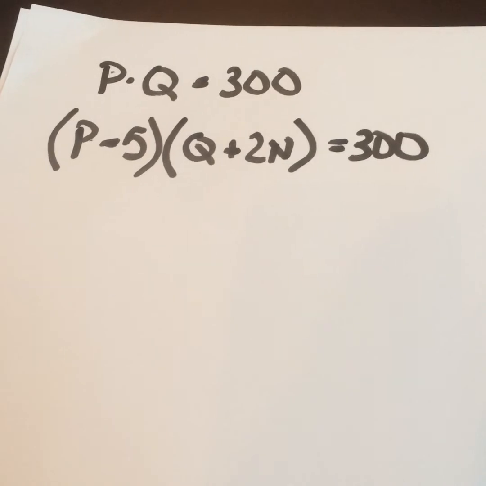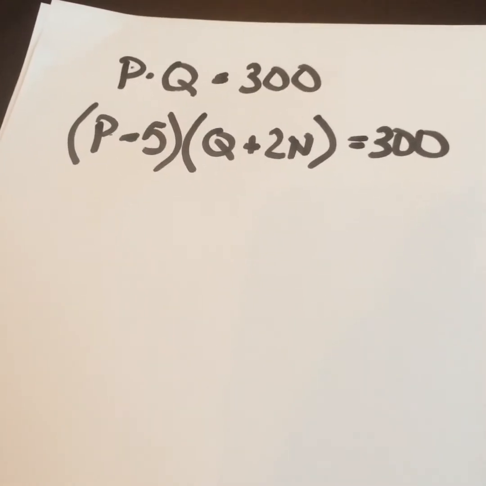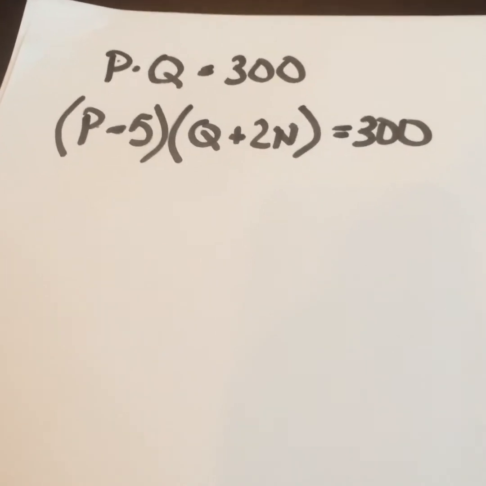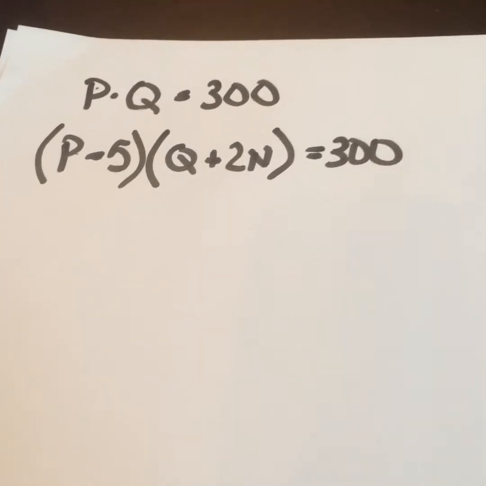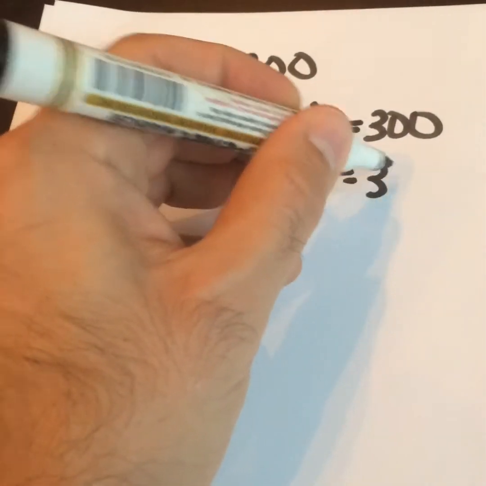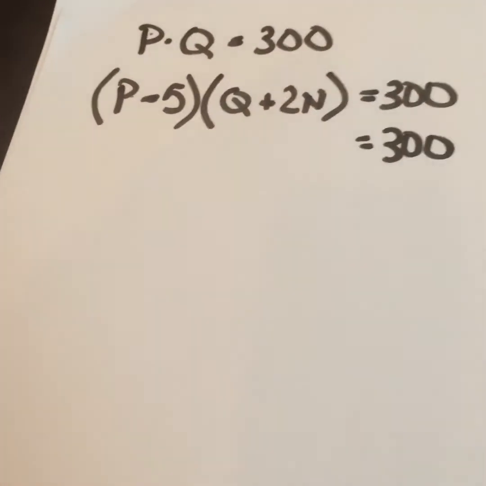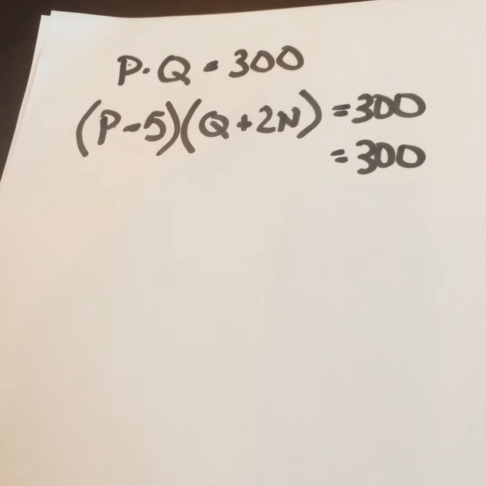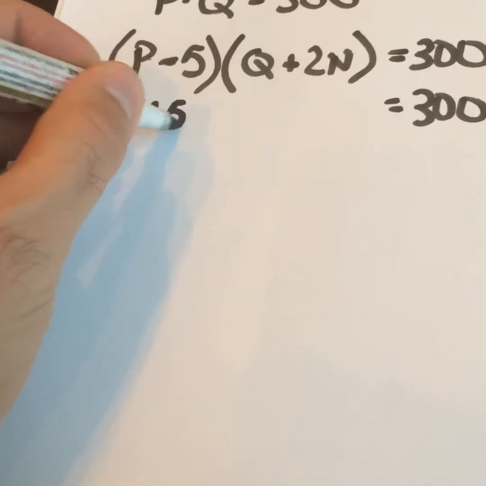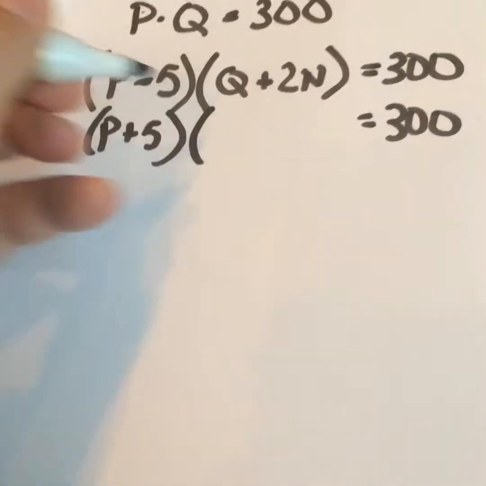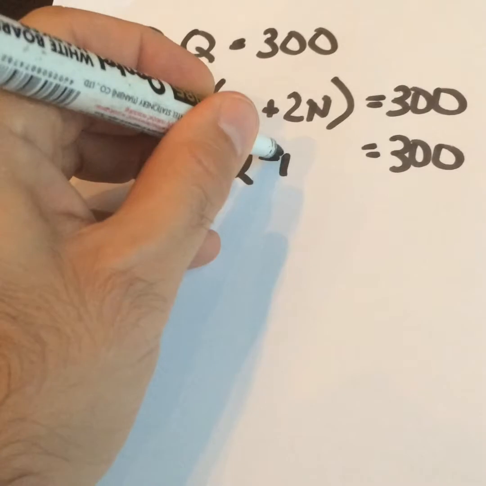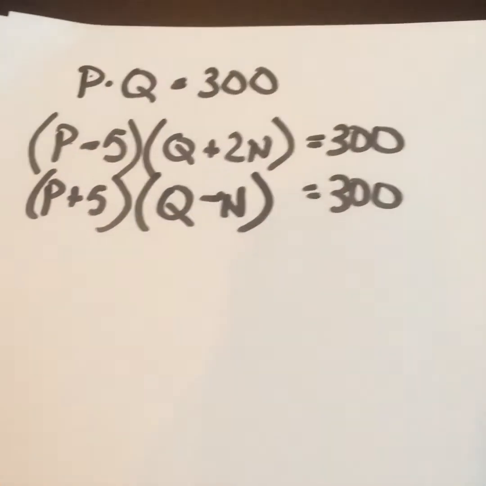Finally, the second part of the last sentence says, but if the price were raised by $5, we'd sell a different number of units, right? And it would again total $300. So what is that price and quantity? The price raised by $5 means P plus 5 multiplied by Q minus N equals $300.